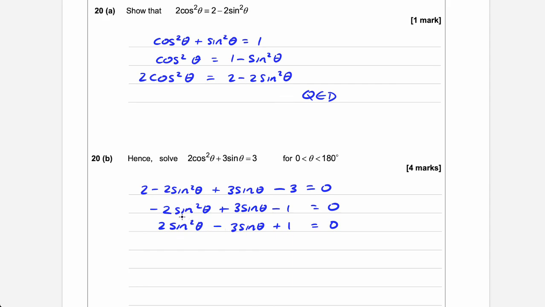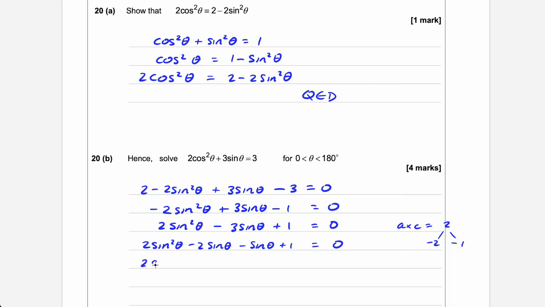Okay, I'm going to factorize this. Let's just do my a times c thing. A times c is 2 times 1, which is 2. Factors of 2 to give me negative 3 are going to be negative 2 and negative 1. So this is 2 sine squared theta minus 2 sine theta minus sine theta plus 1 equals 0. Sometimes I advise calling sine theta x, but this works the same.